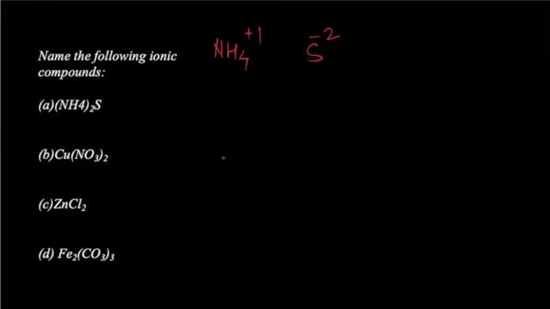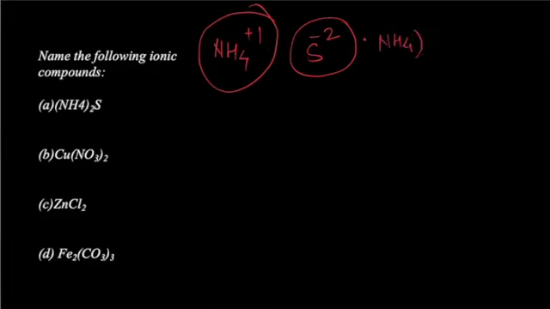Correct? So in order to make the charge 0, because this is -2, I have to bring 2 of these guys, no? Right? So 2 of these will become +2, and then combined with S, -2 will become 0, right? Net charge has to be 0. That's our rule number 1. So we have to bring these 2 guys, right? So we have to basically do NH4, 2 of them, and then S, right? And that is our compound.